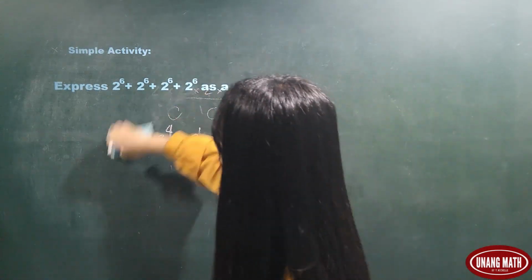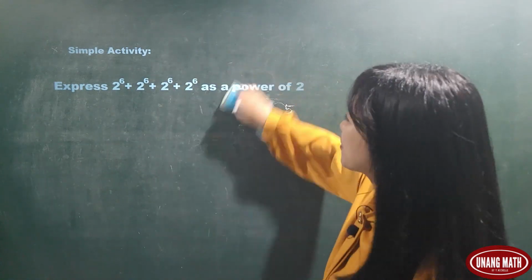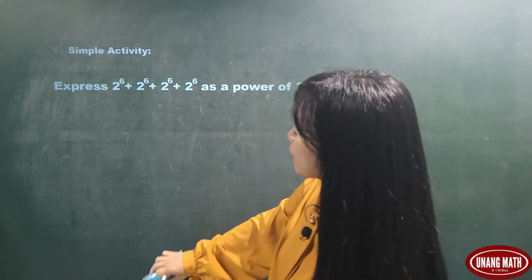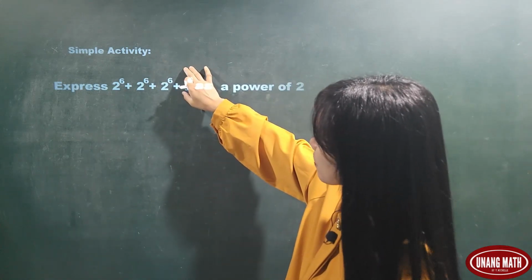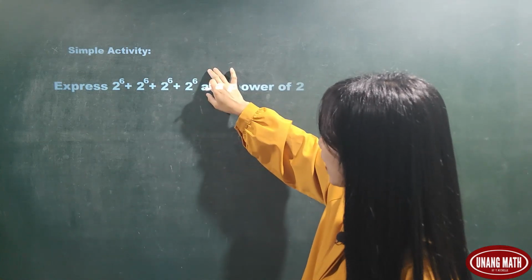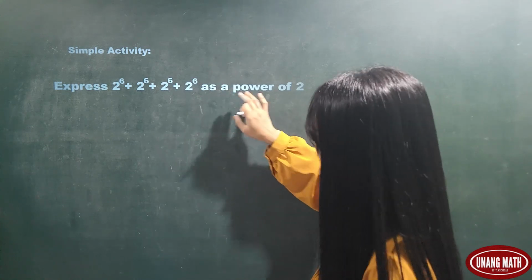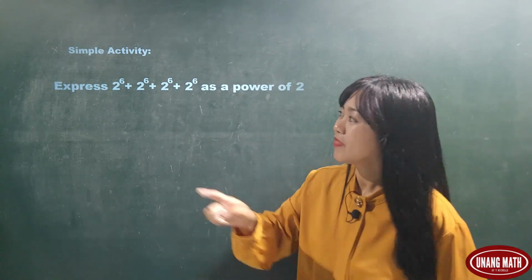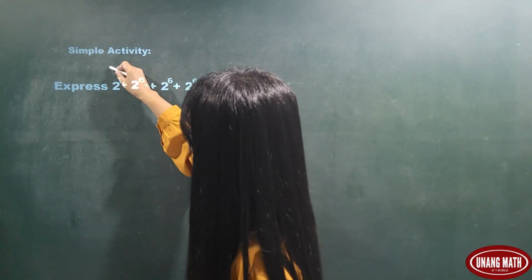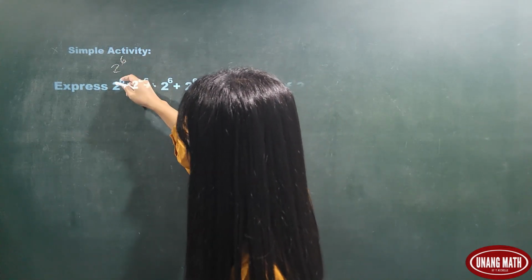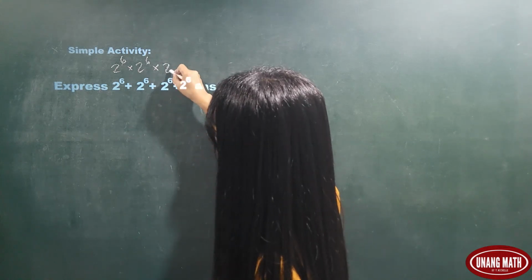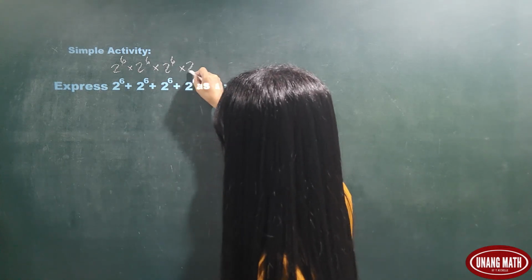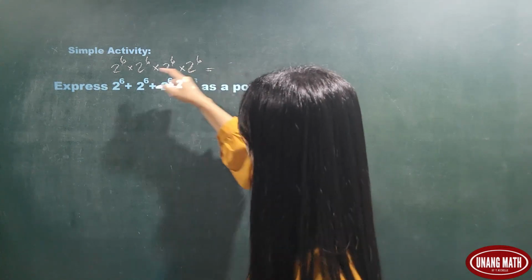Okay, let's have this simple activity. Express 2 raised to the power of 6 plus 2 raised to the power of 6 plus 2 raised to the power of 6 plus 2 raised to the power of 6 as a power of 2. Take note, this is not the same if we will write as 2 raised to the power of 6 times 2 raised to the power of 6 times 2 raised to the power of 6 times 2 raised to the power of 6.